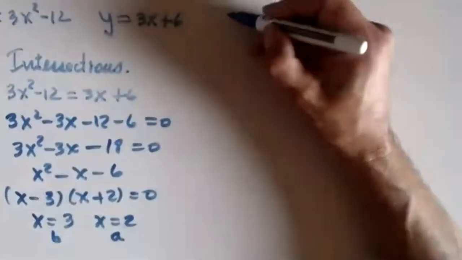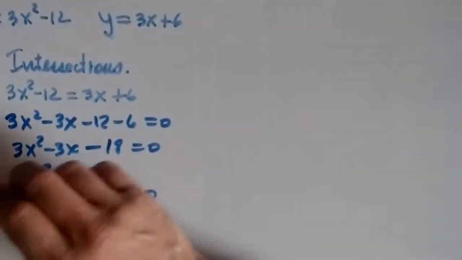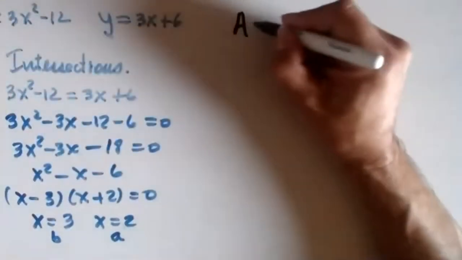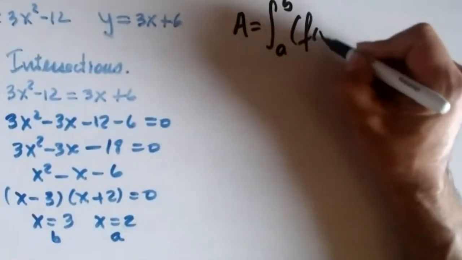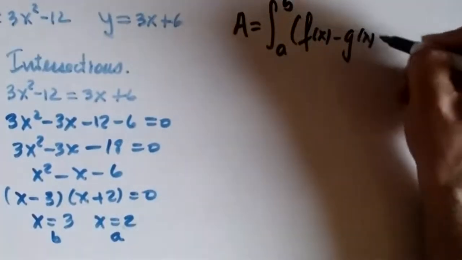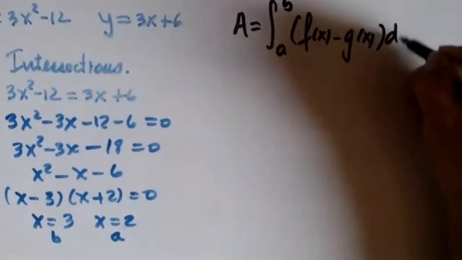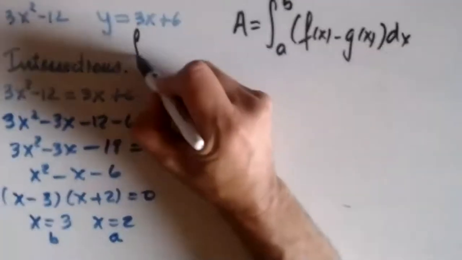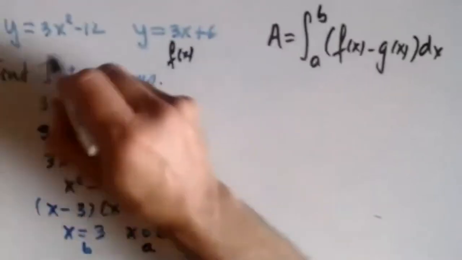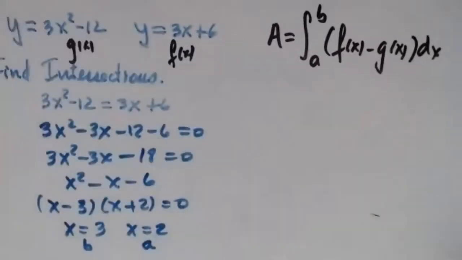So what you are going to do is, okay, my calculus says the area between the regions is the integral a, b, f of x minus g of x, dx. So in this case, the f is going to be this one, the g is going to be this one, right?